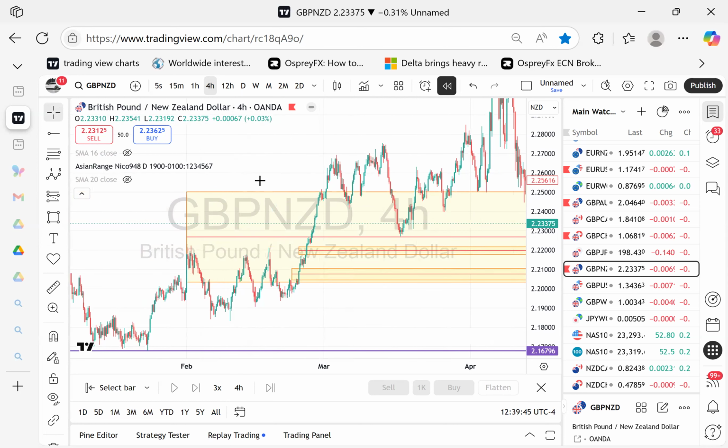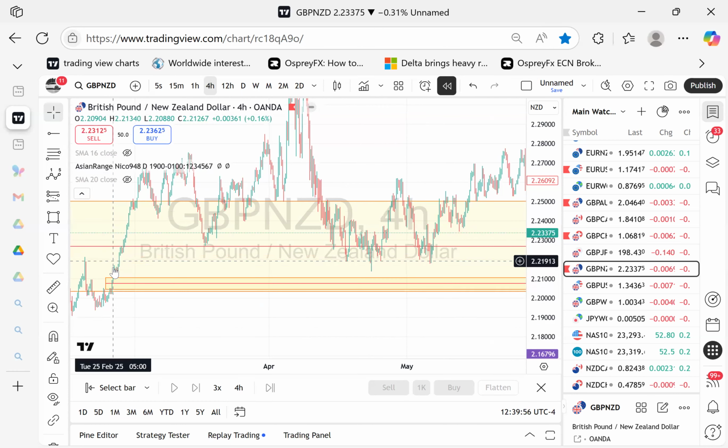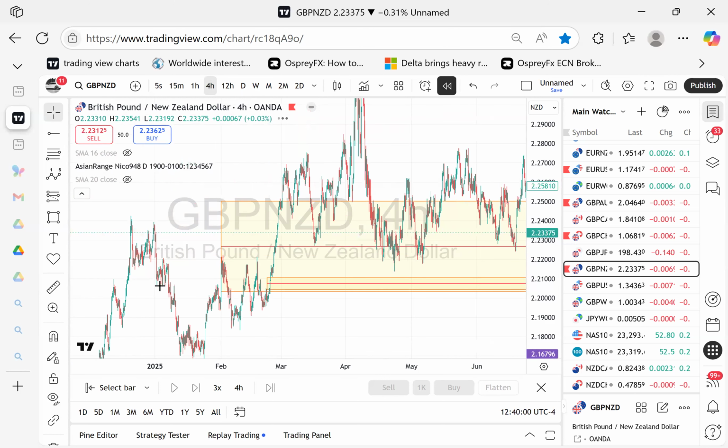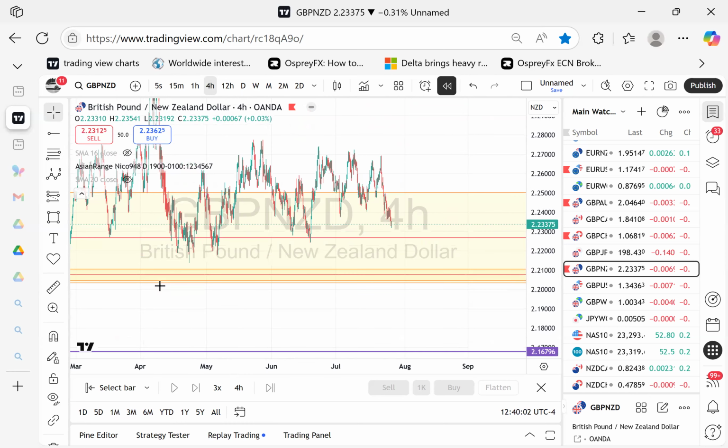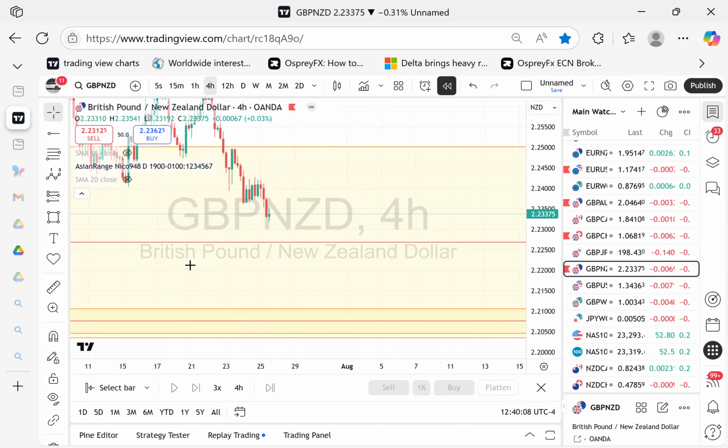Now, you're a rookie trader. You mark this and you see price has already closed the imbalance, right? There's your cue. You can delete it. It's closed. This is the only imbalance that's left. It's in your zone. Therefore, that is your target. Are you tracking?